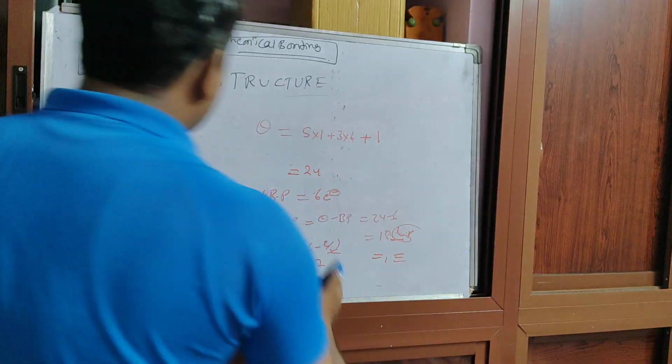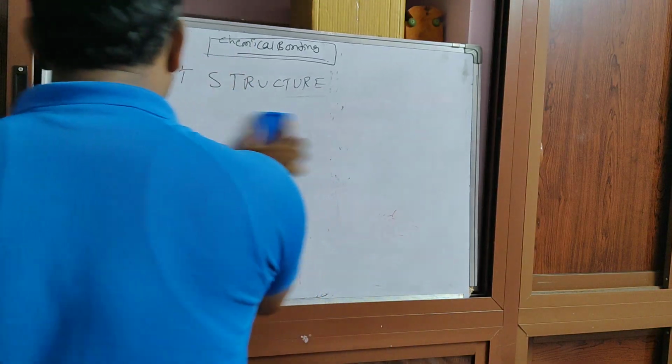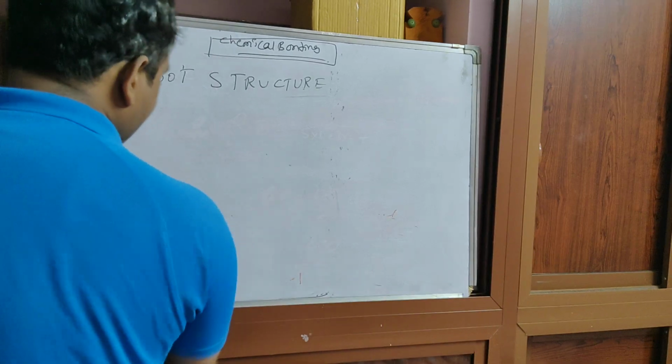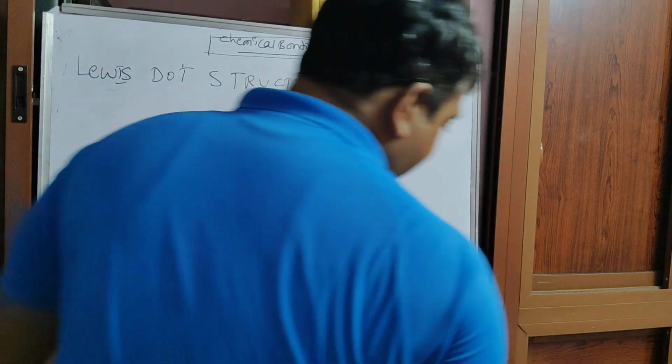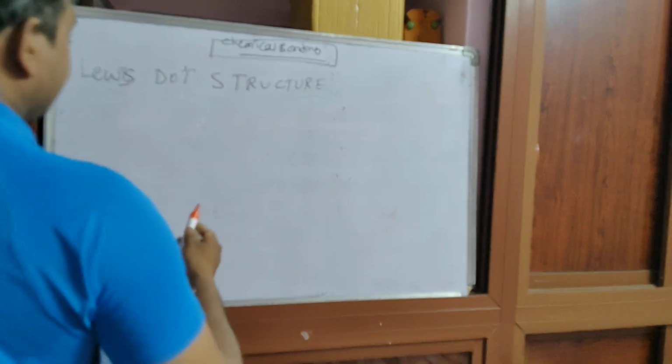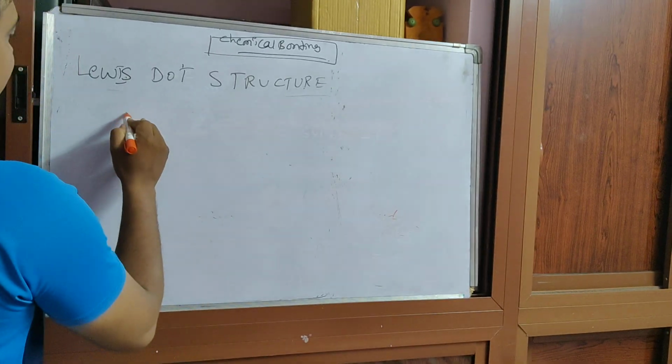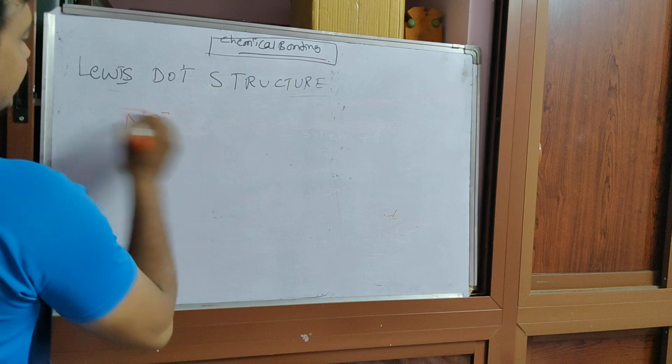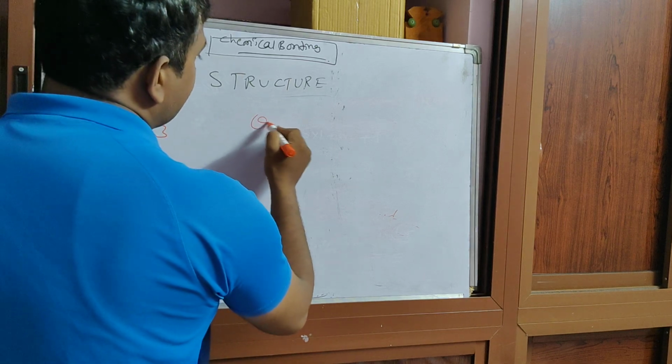I want to explain one more time. In this case, NO3 minus. For example, if you take it easily, I want to clearly explain NO3 minus. What is Q?